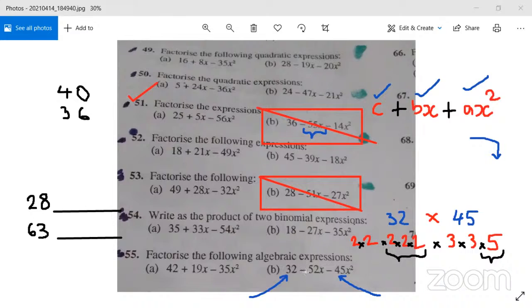Just like if you have a plus and a minus, one of the numbers is going to be positive, one of them is going to be negative, right? So notice, plus then minus, the larger number is positive. Minus then minus, the larger number is negative. So let's get rid of that. So we can't even use that. That's not even worth attempting.